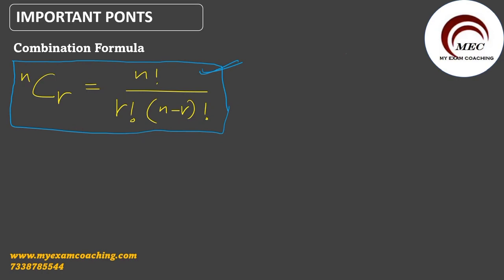For example, the same example I will take. We have a total of 8 digits. Out of that we have to take 3 at a time. So this will become 8C3. nCr will become 8C3, which is equal to 8 factorial divided by r factorial, that is 3 factorial, into (n minus r) factorial, that is 5 factorial.